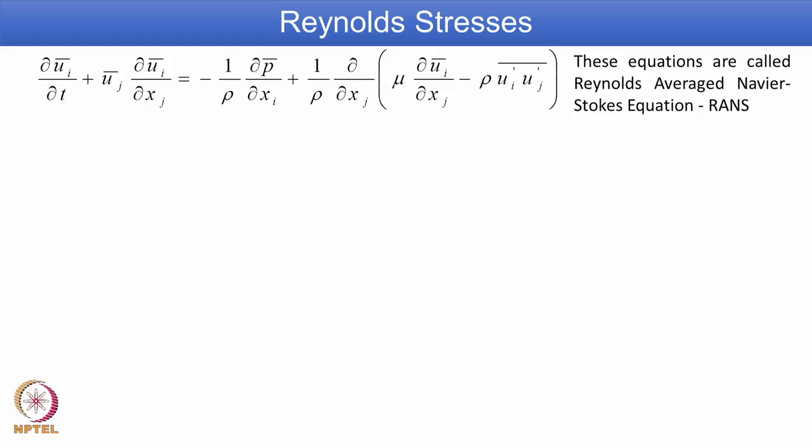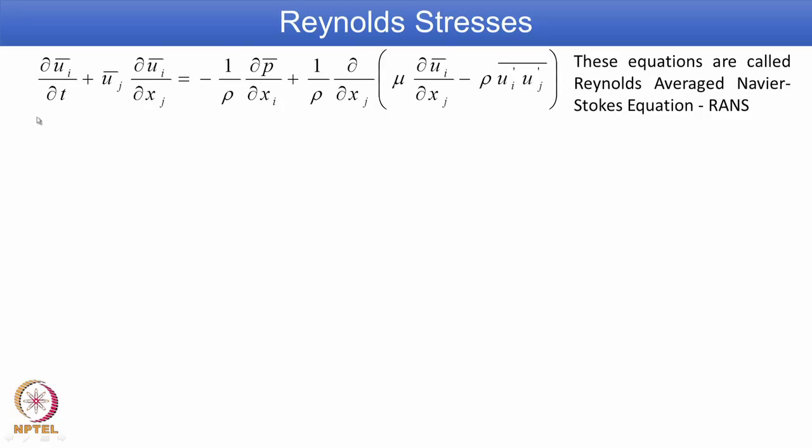So, if I write the equation and bring the new term from the left hand side to the right hand side, the same averaged Navier-Stokes equation can be rewritten in this form. The left hand side does not have that new term; it is brought to the right hand side.